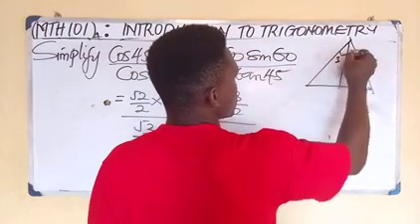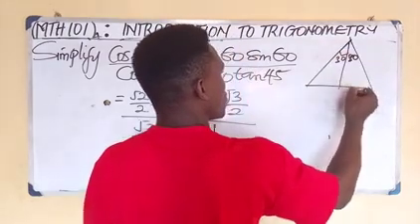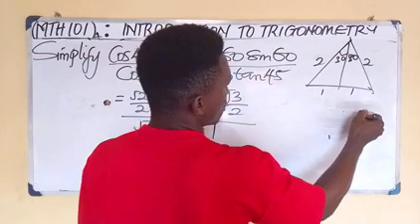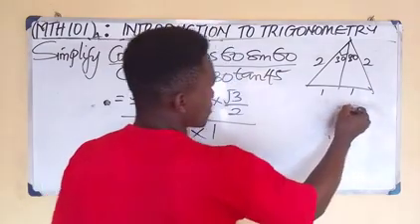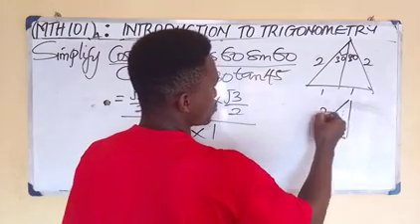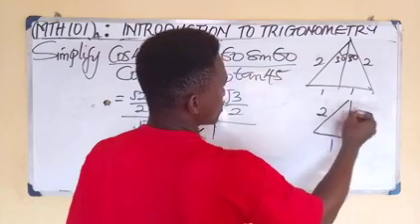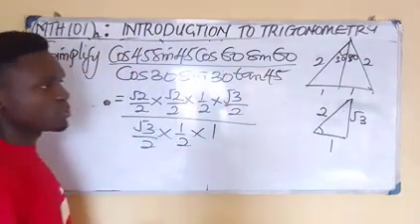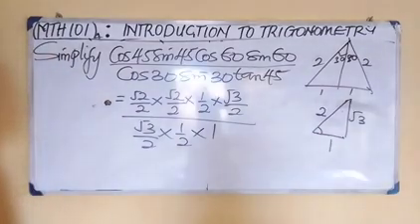This is 30, 30, 30, 1, 1, 2, 2. Alright. Okay, yes, I've gotten it. This place was 1, 2, then root 3, and 60, we wrote it like this. So then we said, what is it called now?